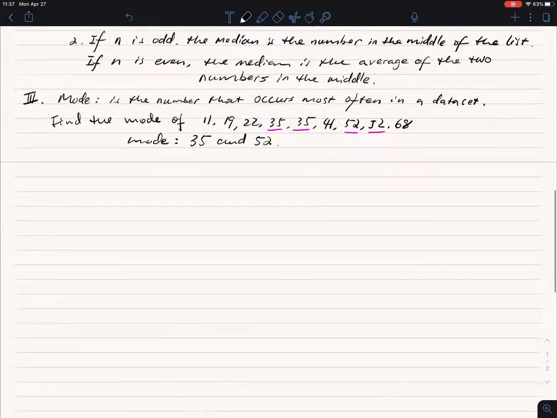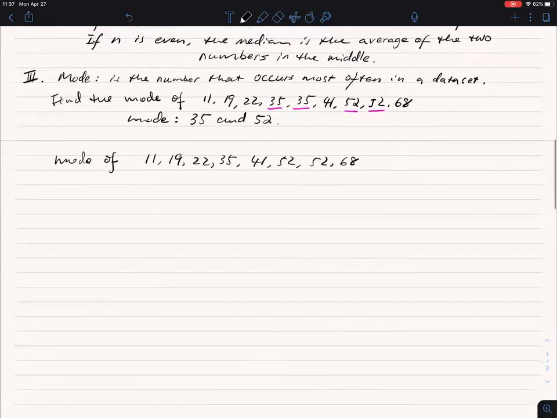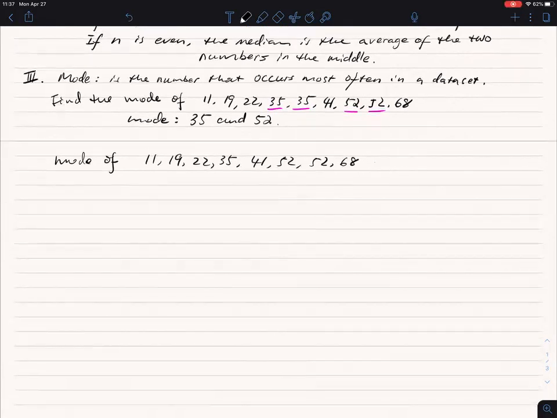Okay, how about the mode of a new data set here. I have only 135. And I still have 2 52s. So I just cross out 135 from the previous data set. Now what is the mode? Mode of this data set is only 52.